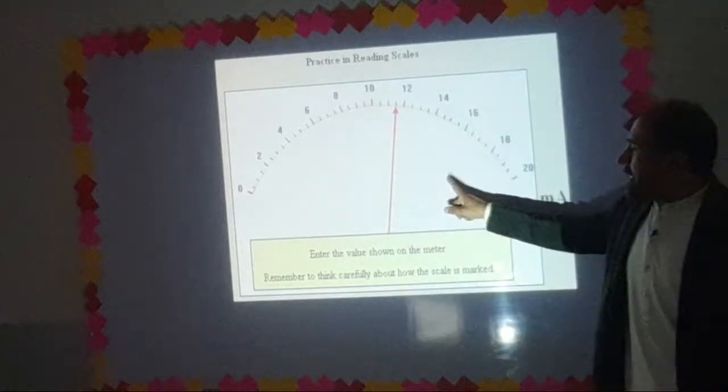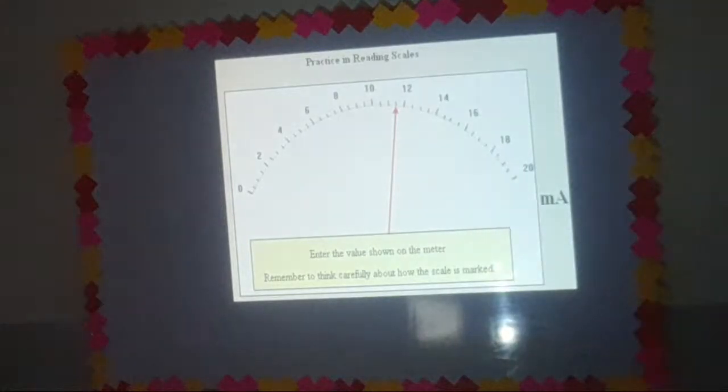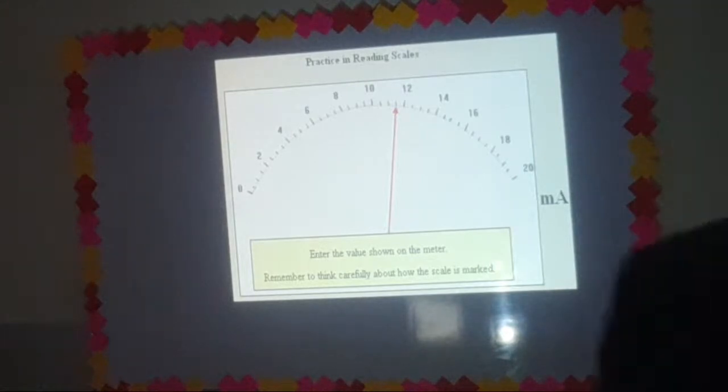So tell me the name of this device. Waiting for your response. Is this galvanometer?